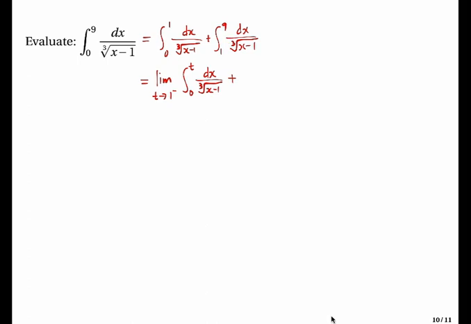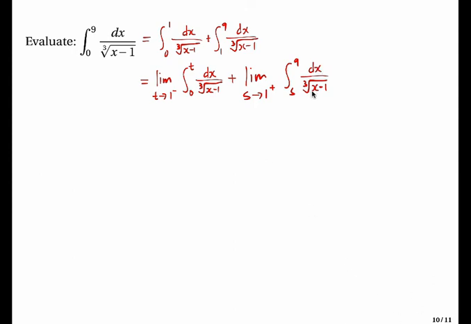Let's just use s. So the limit as s goes to, this time, 1 from the right, of the integral from s up to 9 of dx over cube root of x minus 1.